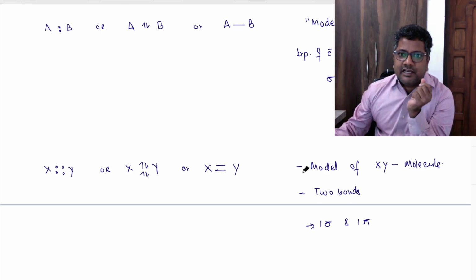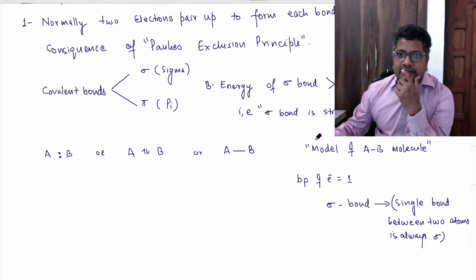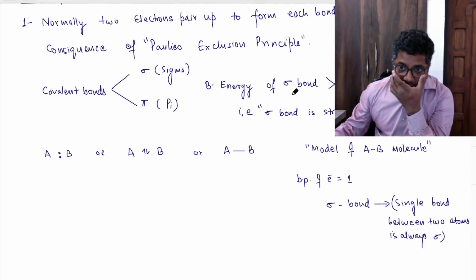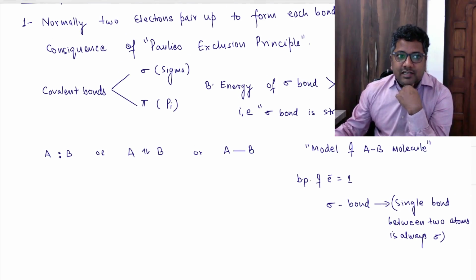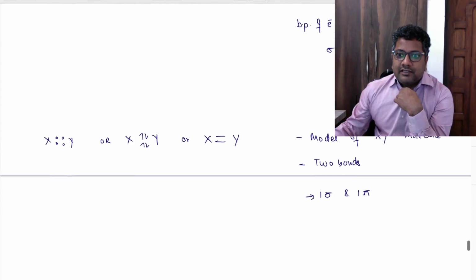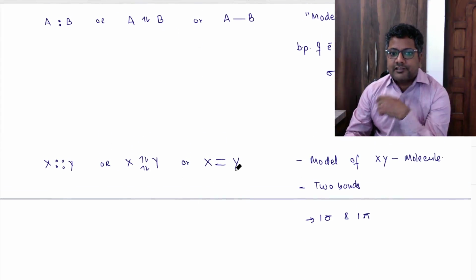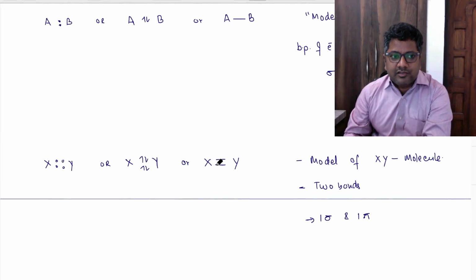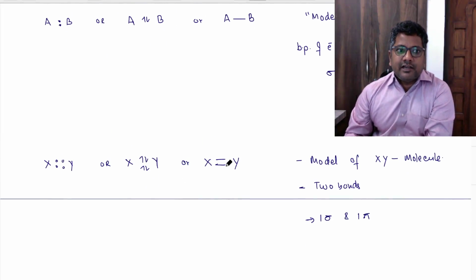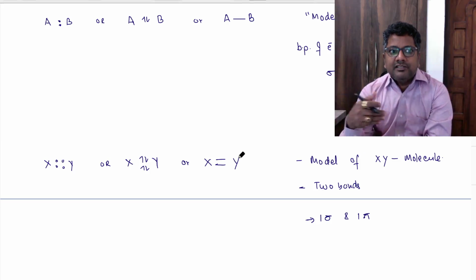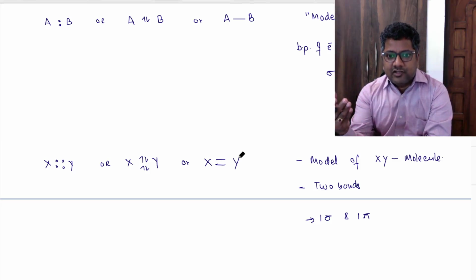But since I have already explained that sigma bond is stronger than pi bond, and the bond energy of sigma bond is more than the bond energy of pi bond, in this model it seems like similar bonds, but actually they are different. One has some other property, some other parameters, and the second bond is different from the first bond.